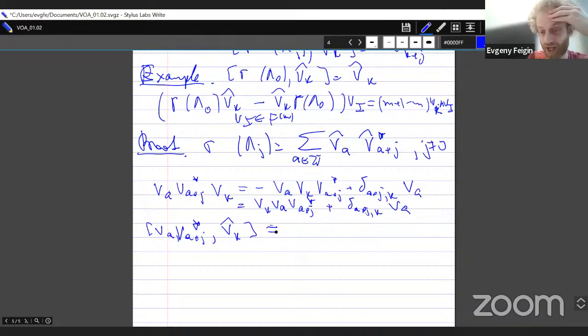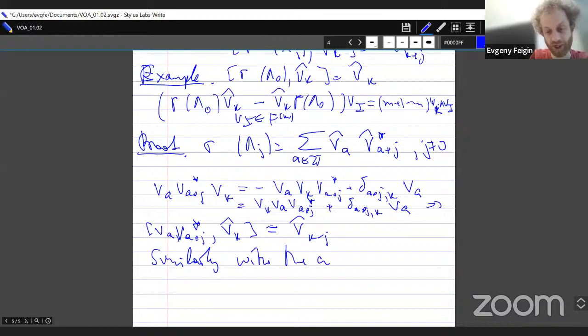This means that a is k minus j. And actually, this is what we want. And similarly for the commutator with the contraction operator. So it works. Similarly with the contraction operator.